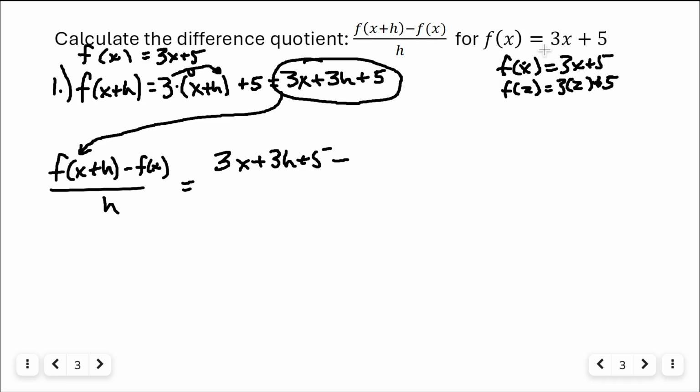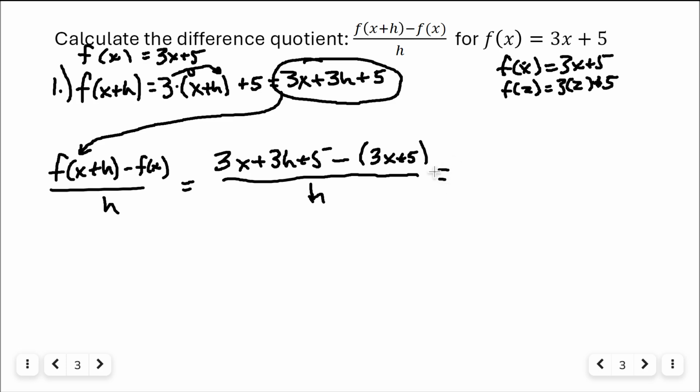Well, f of x is up here, 3x plus 5. So in parentheses, I'm going to put 3x plus 5. And then the denominator is just h. Remember, the goal is to get this h that's down here in the denominator somehow to cancel out using some algebra, usually that you do on the top.